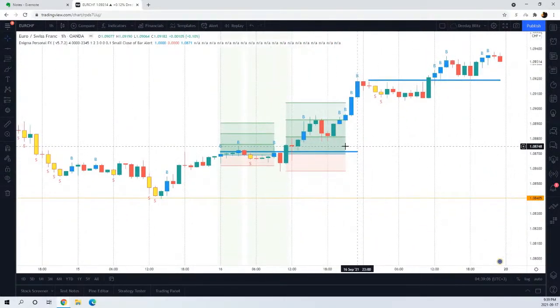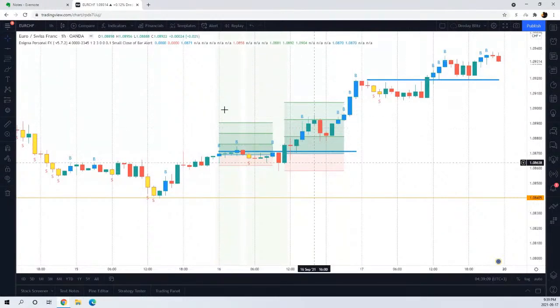And that's a pure example of an entry with a signal given by Enigma that stopped you out, and then you had another opportunity to get in for a buy.